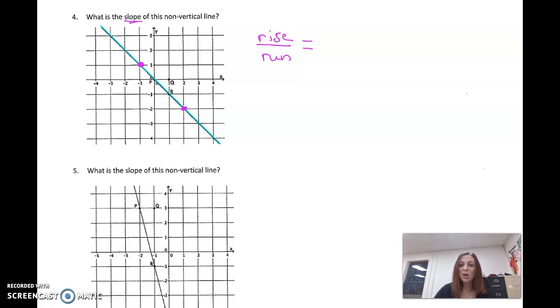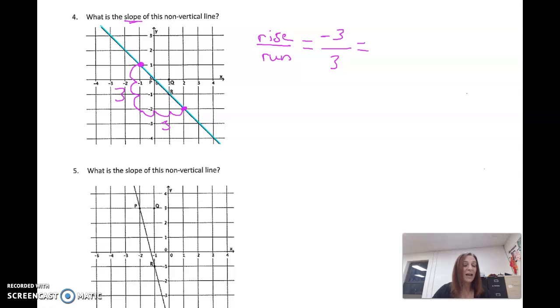But notice I'm not going to go up. I'm still going from left to right, but I'm going to go down. 1, 2, 3, 3 down, and 1, 2, 3, 3 to the right. Now, what integer do you think represents going down 3? Negative, right? Up is positive, down is negative, but I'm going to the right, so this is a positive 3.